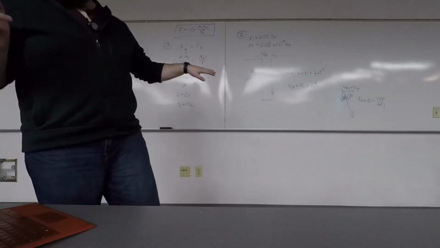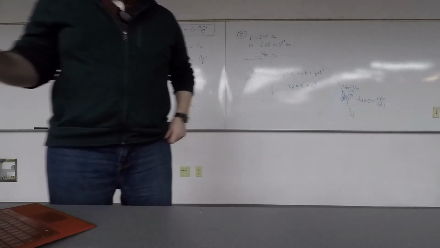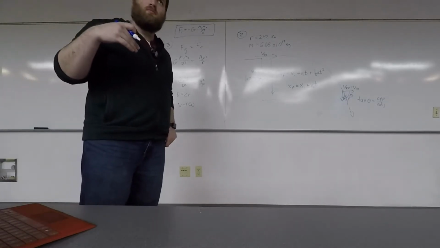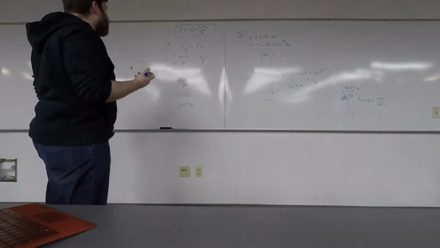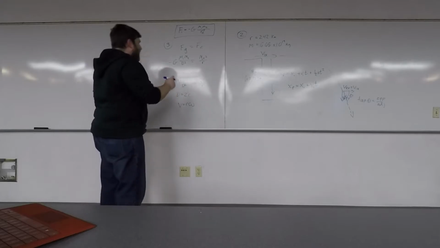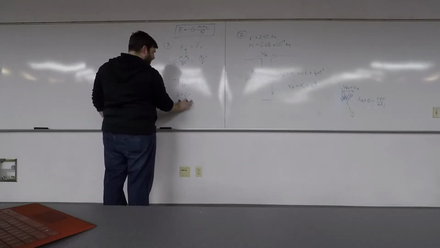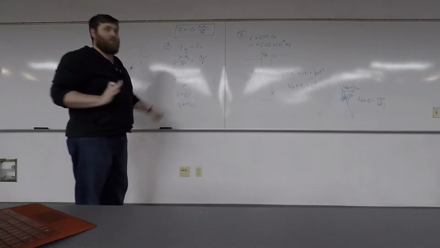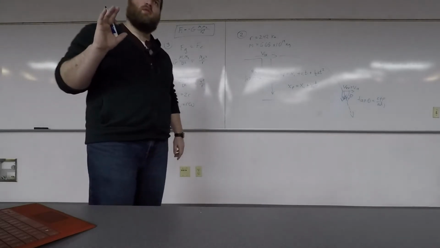I got very close to the answer, and with 2 sig figs, I got the exact answer, because there are 2 sig figs in this problem. But yeah, solve for M, you should get the right answer.